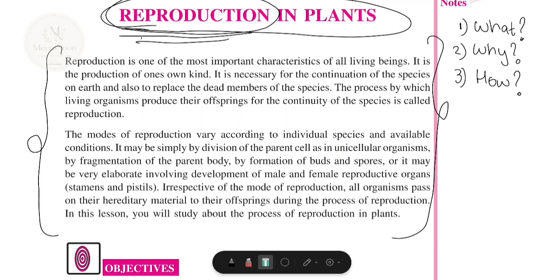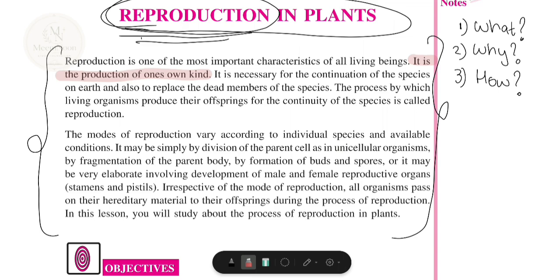So the first thing we are going to learn is what is reproduction. If you look at your textbook, reproduction has 2 different definitions. The first definition is that it is the production of one's own kind. What does that mean?